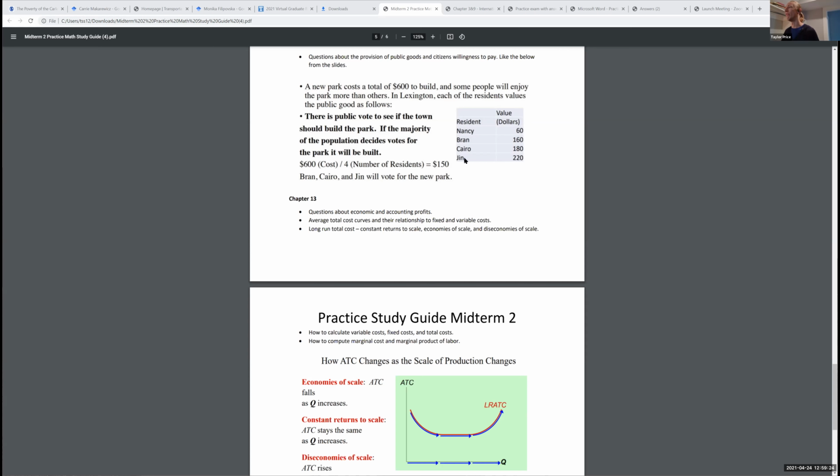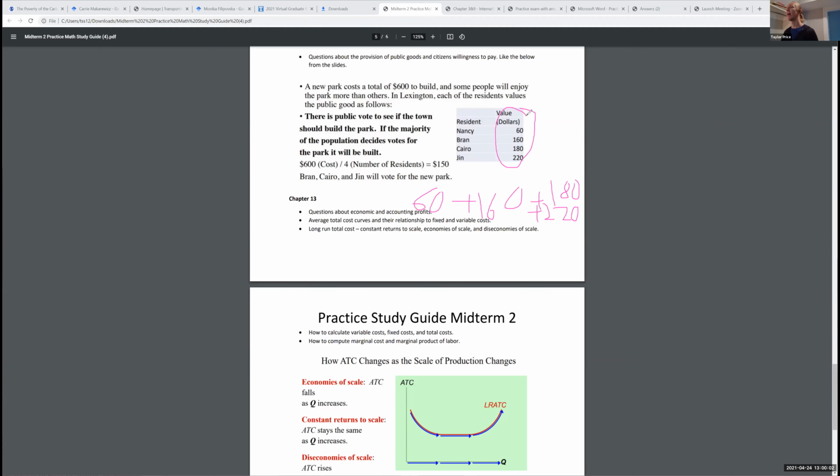So for this one, the total value would be the 60 plus the 160 plus the 180 plus the 220. That is the value to all of the residents for this specific park, and that is their benefit for the park. Okay, so this would be considered the total surplus.